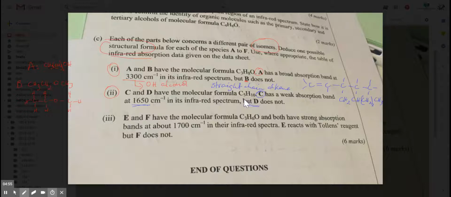But D does not have a double bond. It's got the same molecular formula, but doesn't have a double bond in it. That points me straight to a cyclical formula, because when you join the two ends of a hydrocarbon up, you lose two of the hydrogens, because two of the carbons bond to each other instead. We'll draw the displayed formula out as a pentagon shape, with 2 hydrogens off each of these carbons.